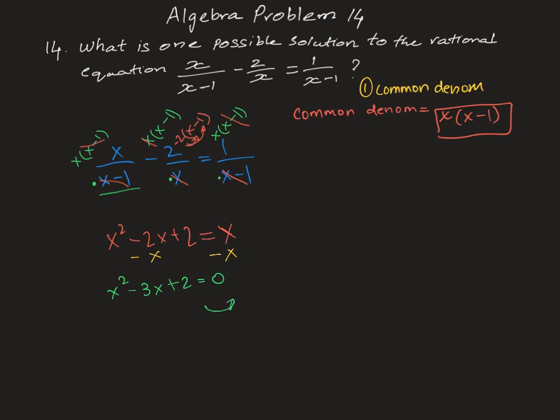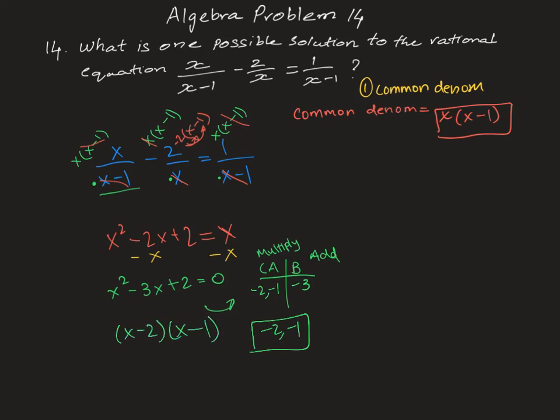So now we write our CAB table: multiply, add. What are two numbers that multiply to 2 but add to negative 3? That would be negative 2 and negative 1. So now we have x minus 2 times x minus 1 equals 0.